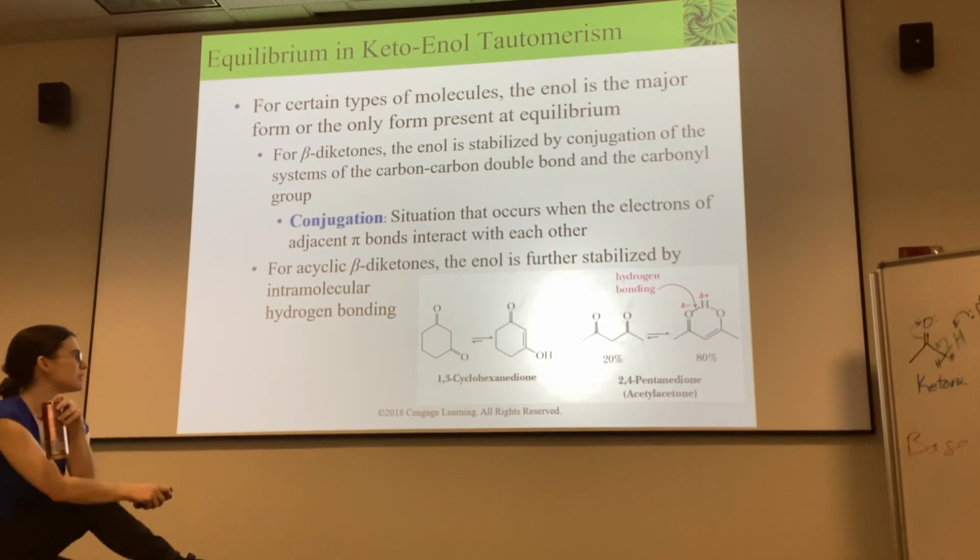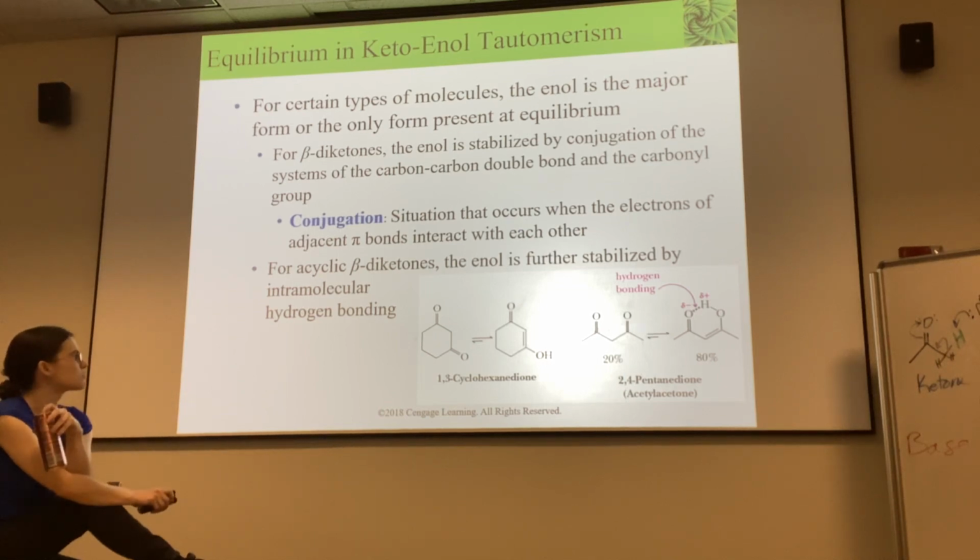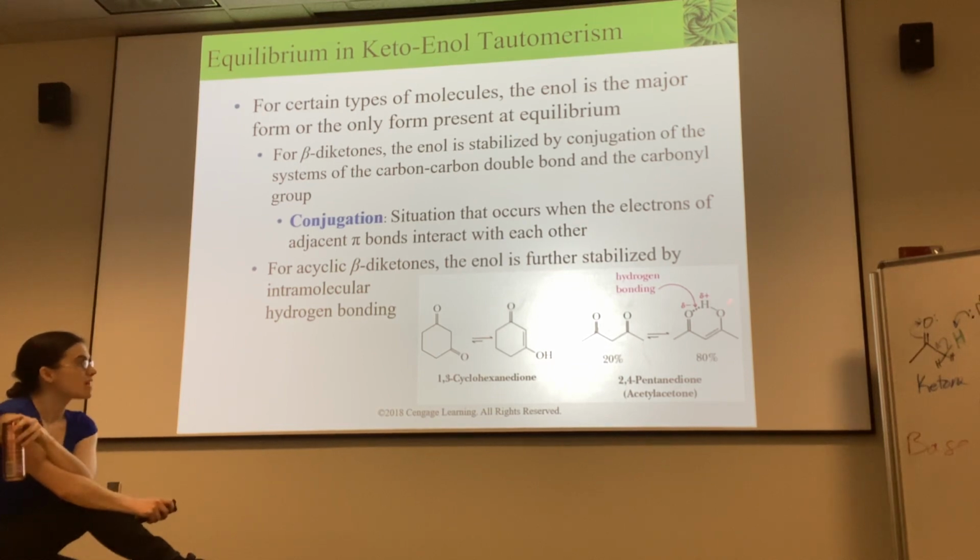Yeah, so these guys are going to be more acidic because if you deprotonate this, you can resonate it this way and resonate it this way. So it's far more stable. Here too, you can resonate it both ways. So while it's an anion, or while it's an ion, you can resonate it both ways, so it's more stable in between them. The reason that the equilibrium lies on this side for here is nature loves 6-membered rings, right? 5 and 6-membered rings.